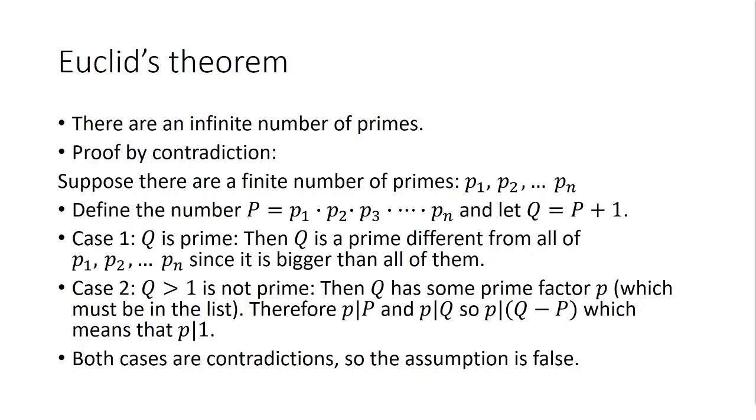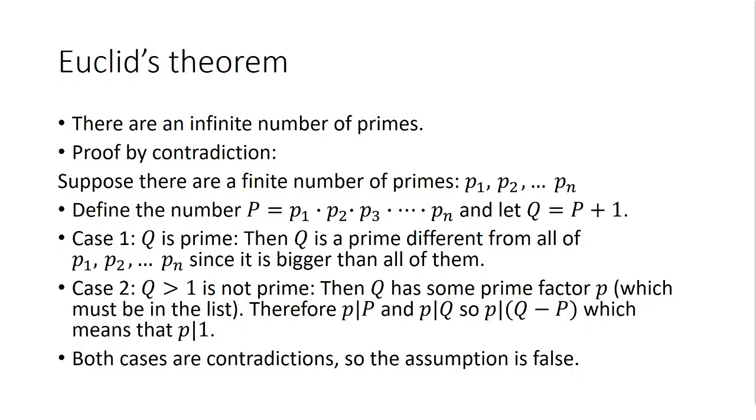Then Q has some prime factor p, which must be in the list, and therefore p is a divisor of P, and p is also a divisor of Q. So that means p is a divisor of Q minus P, which means p is a divisor of 1.